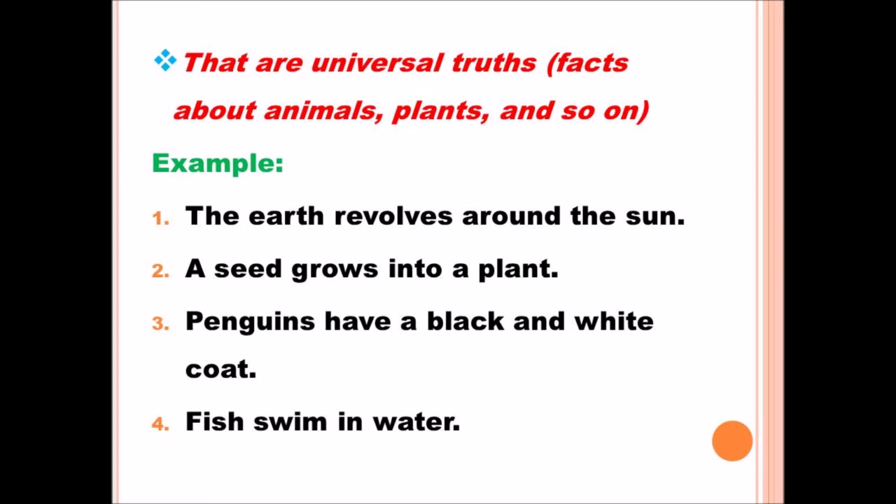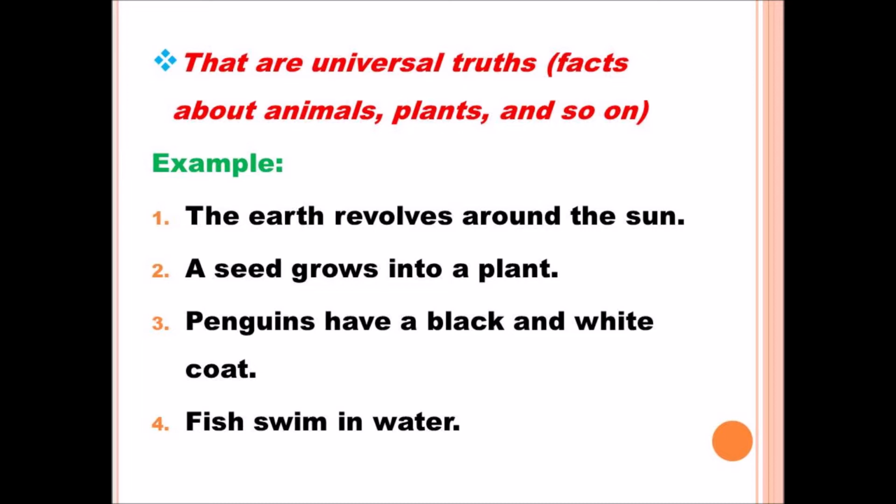It is a universal truth. So for that we use simple present tense. So first, what do we see? We use it for daily habits, that is activities, and for universal truths, that are facts about animals, plants, and so on.